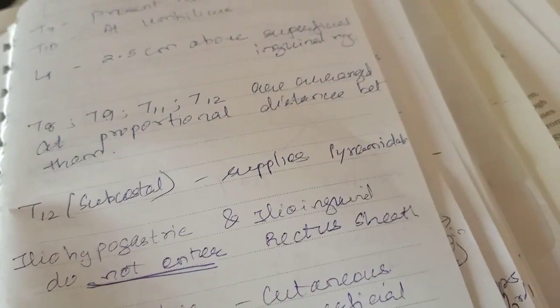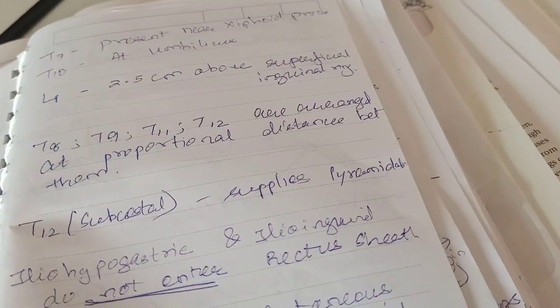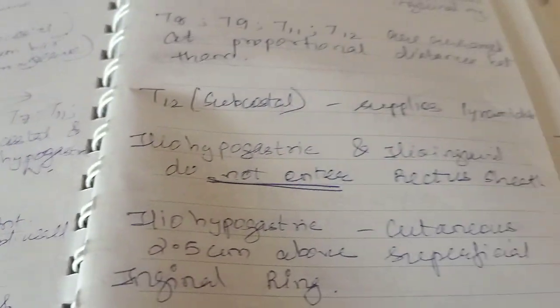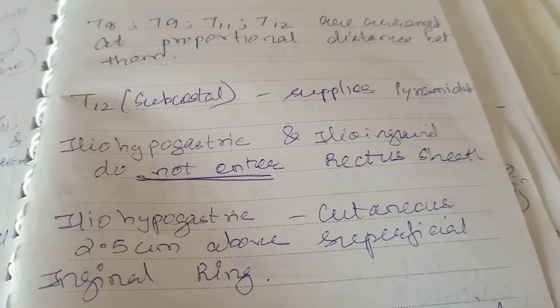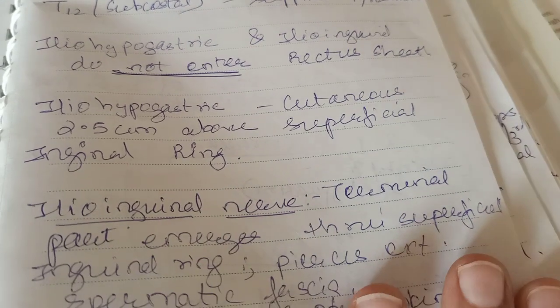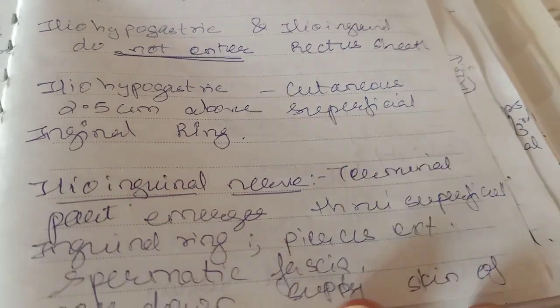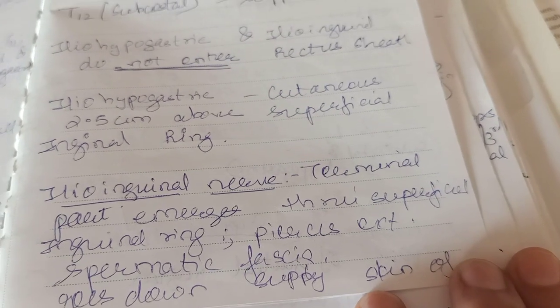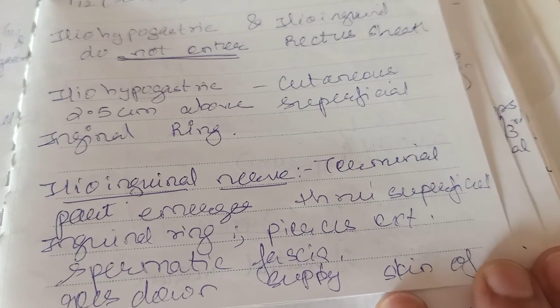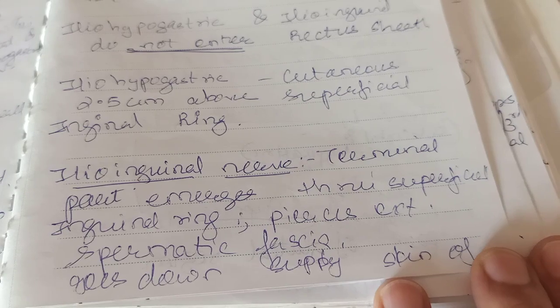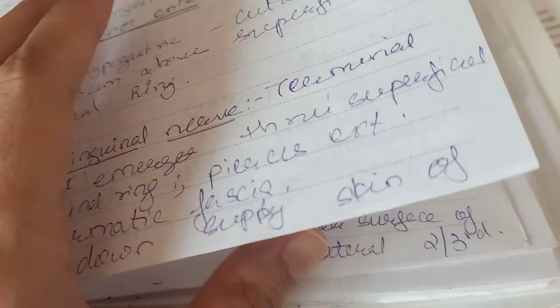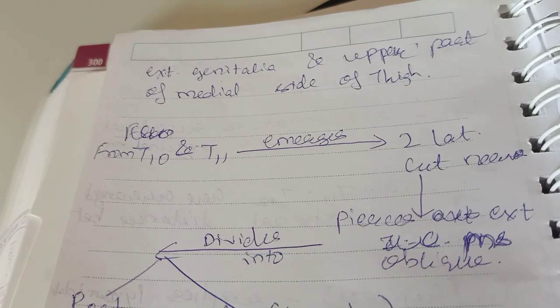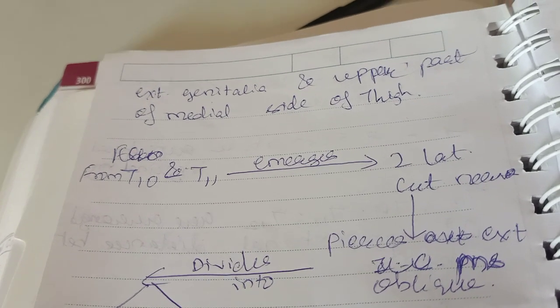Iliohypogastric, that is L1, is 2.5 centimeter above the superficial inguinal ring. And the ilioinguinal nerve is a terminal branch which emerges through the superficial inguinal ring. It pierces the external spermatic fascia, goes down and supplies the skin of the external genitalia and the upper part of the medial side of the thigh.